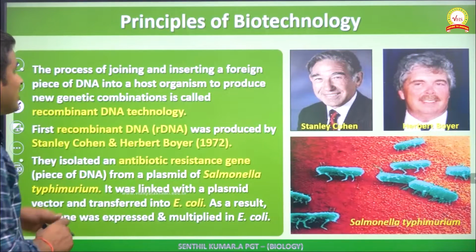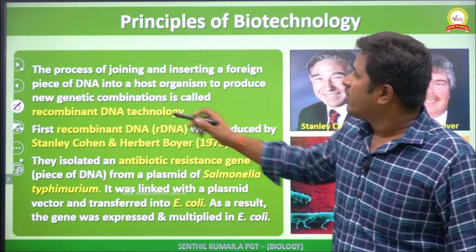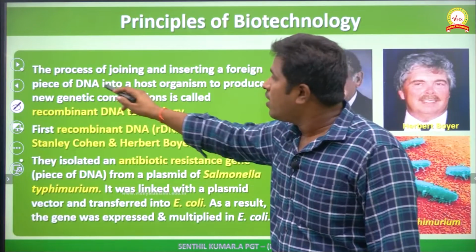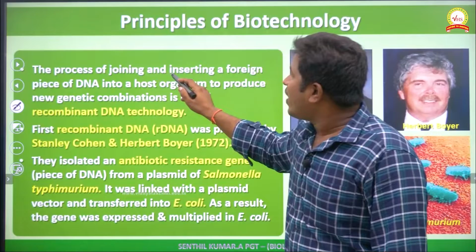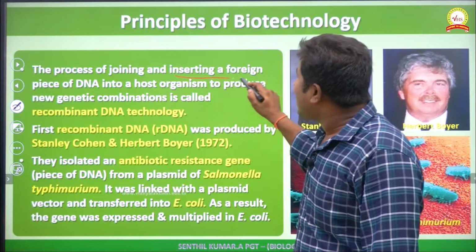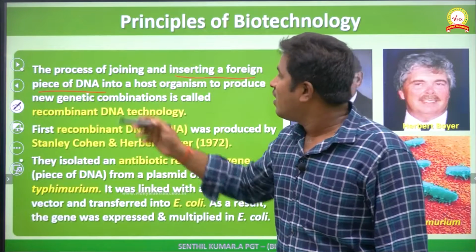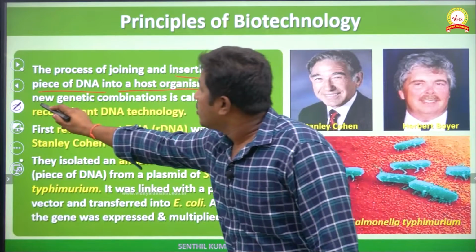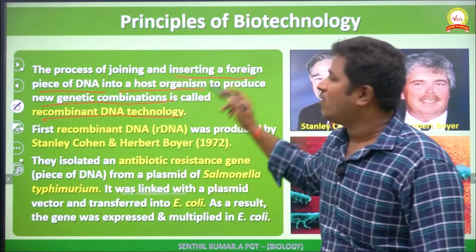Let us continue now. What is recombinant DNA? The process of joining and inserting a foreign piece of DNA, which we already discussed, into a host organism to produce a new genetic combination is called recombinant DNA technology.